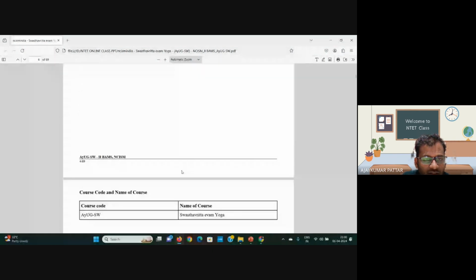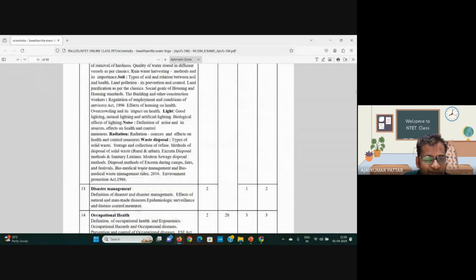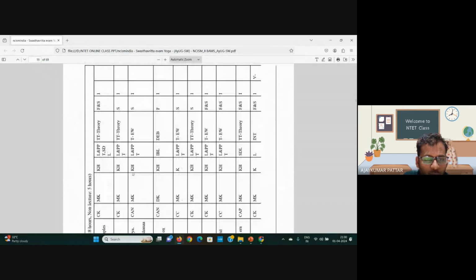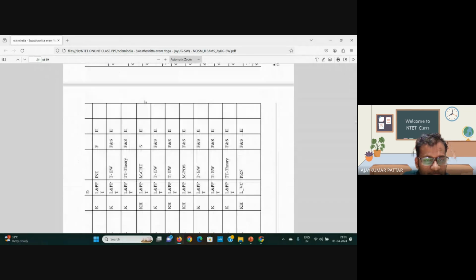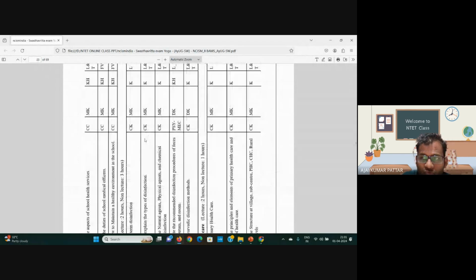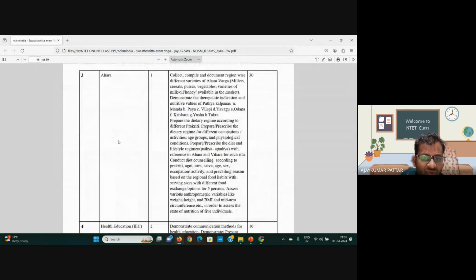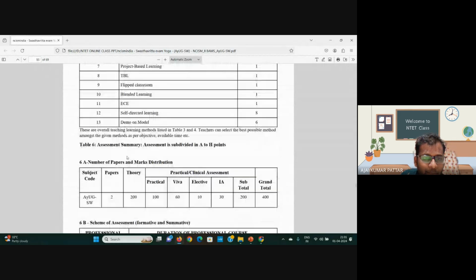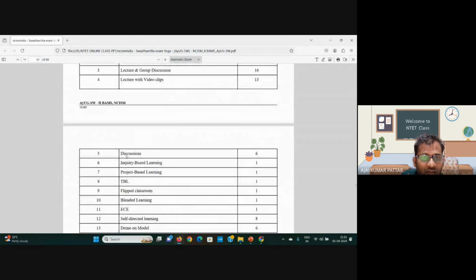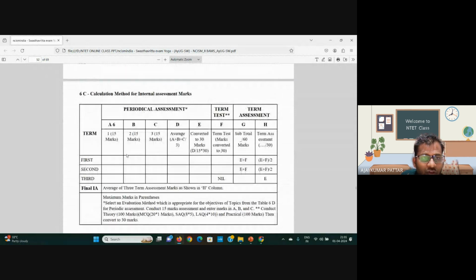Based on this, you can easily understand formative and summative. Just wait for a few minutes. Are all of you able to see this?